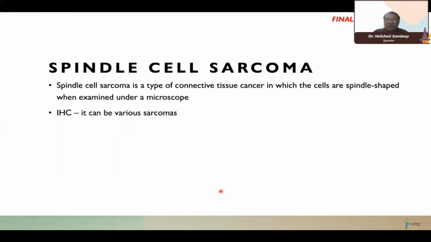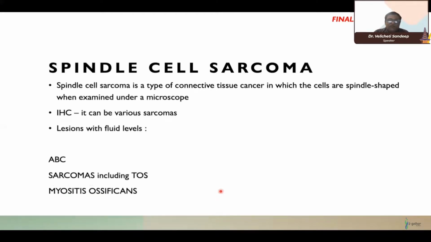It can come into various histopathologies finally after immunohistochemistry. So when the histopathologist treats it as a malignant tumor showing spindle cells, it can be spindle cell sarcoma, which can come in the bone and soft tissues. Final histopathology depends on immunohistochemistry. We ordered for that, but the patient is not willing for further investigation. So that has been treated as a spindle cell sarcoma.